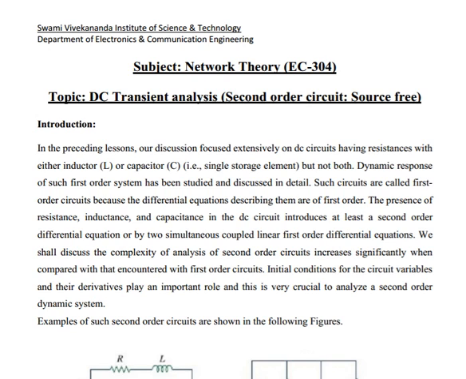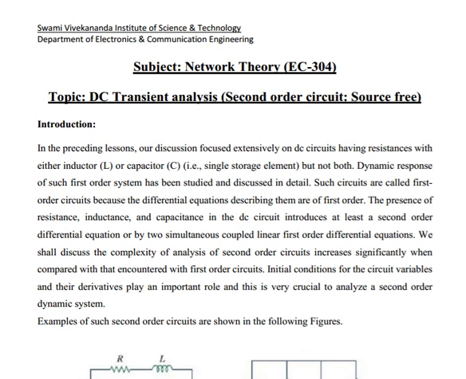What are the charging and discharging equations of RC circuit and RL circuit, and the most important point is that if the circuit consists of only R and L, or R and C, those circuits are first order circuits.